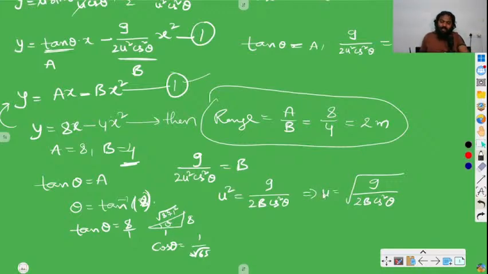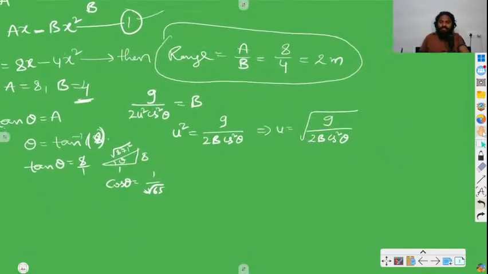Or else you can do one more thing. Let's change this equation. What is u here? u is equal to root of g by 2b into 1 by cos square theta, that is secant square theta. Here you know very well secant square theta minus tan square theta is equal to 1.